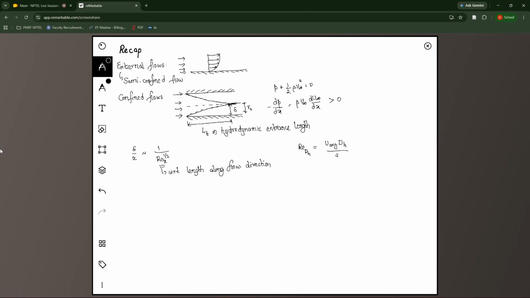So from this definition, we can relate with whatever we already have before. So delta is given by this. This delta will actually scale as d, which is basically my diameter, and x will scale as the entrance length.